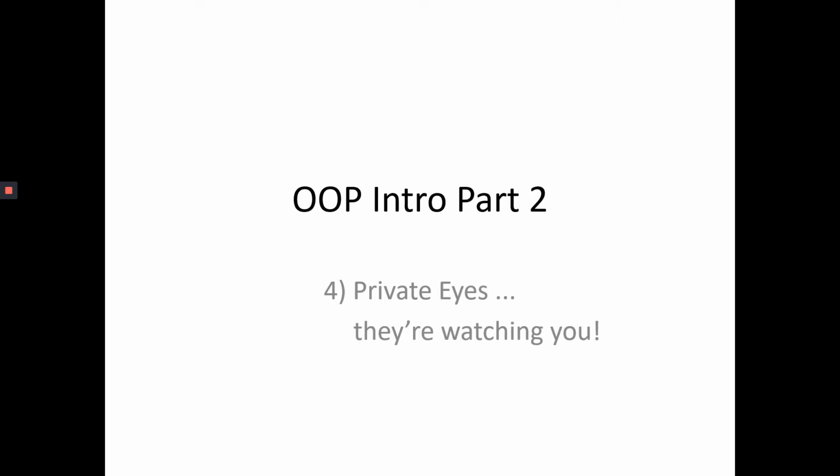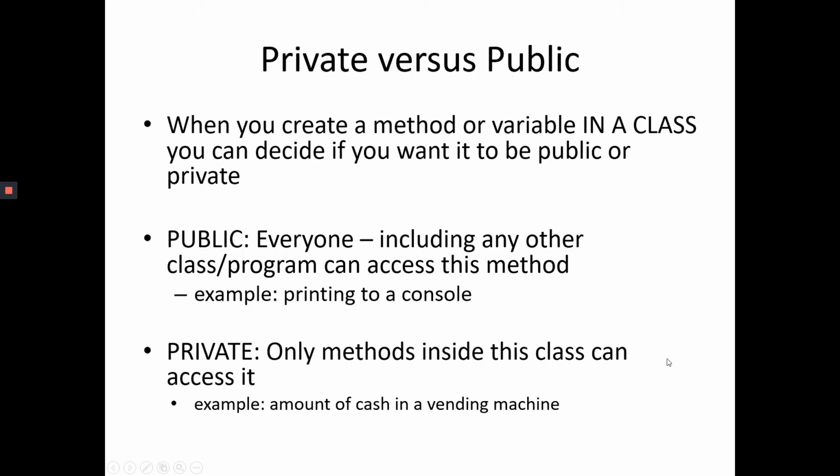Encapsulation is one of those principles of object-oriented programming that has a fancy name, but is really quite a simple concept. Remember that anytime you create a method or a variable, you are always able to provide information about accessibility of that method or variable.